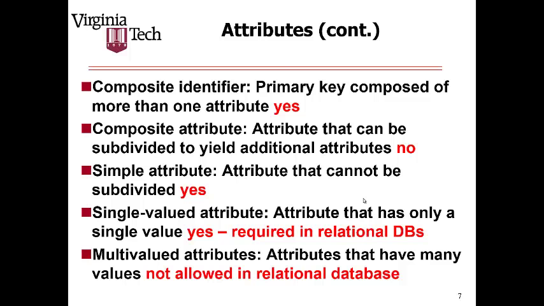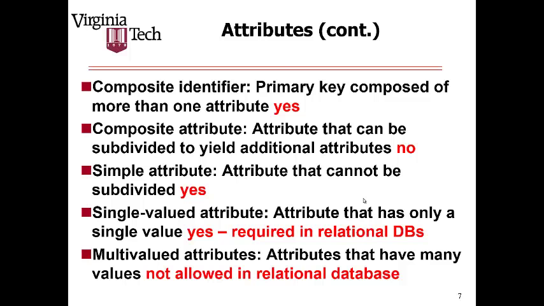A single valued attribute. That is, an attribute value must be atomic. That means each variable can only contain 1 value. And we see that in the relational model, and it is required in a relational database, so we might as well make our design from an ER perspective fit that right from the beginning.